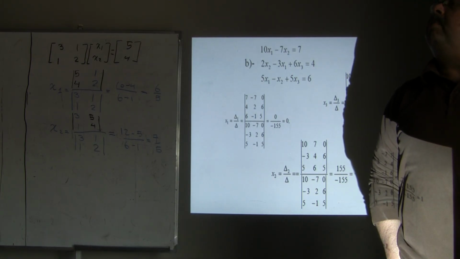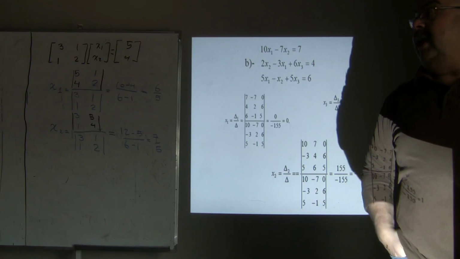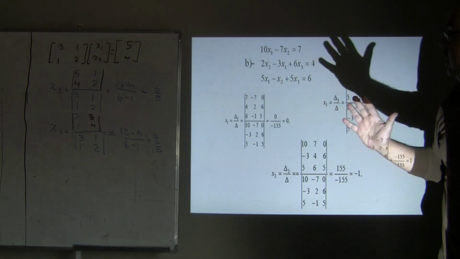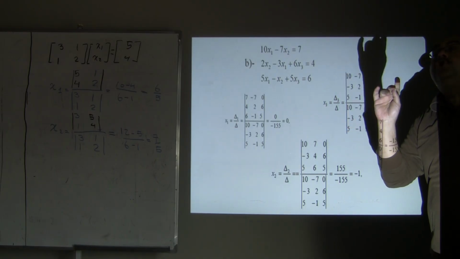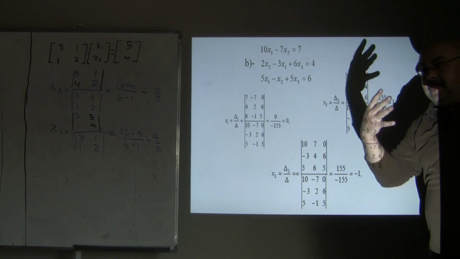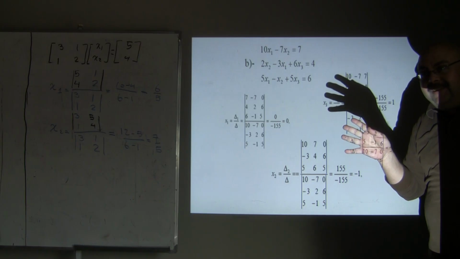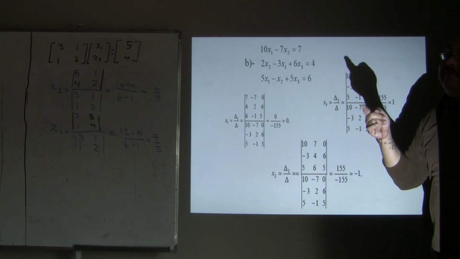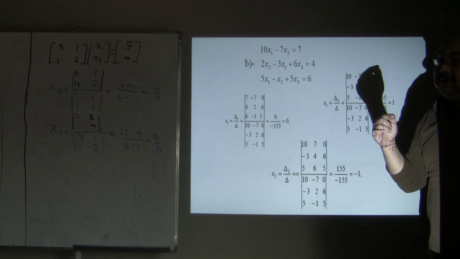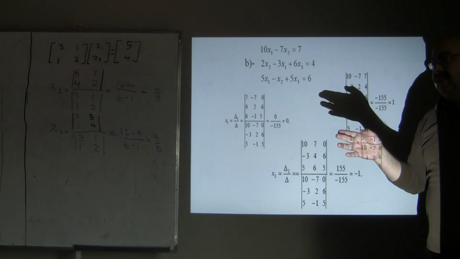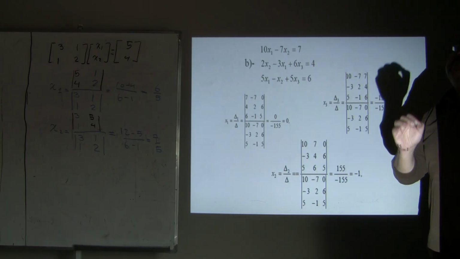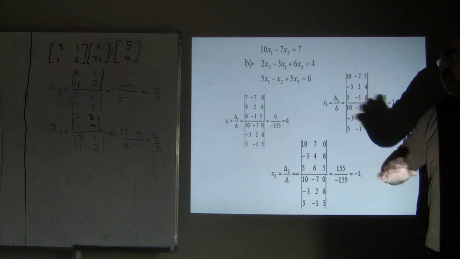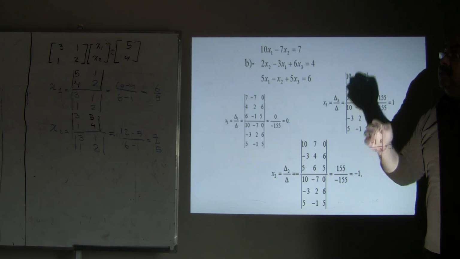Because for a 4x4 system, you will have to evaluate how many determinants? 5. And each one of them is going to be 4x4. So each evaluation of each determinant is going to be 4, 3x3. So it's horrible. The situation is going to be very, very difficult. And that's the major problem with using Cramer's rule, that it depends on the evaluation of determinants.